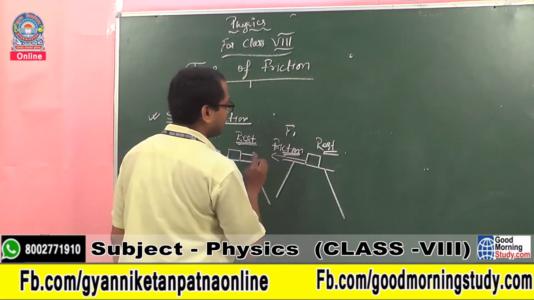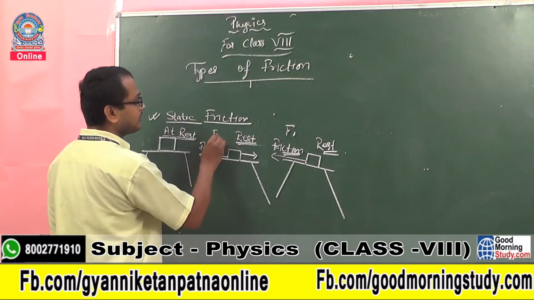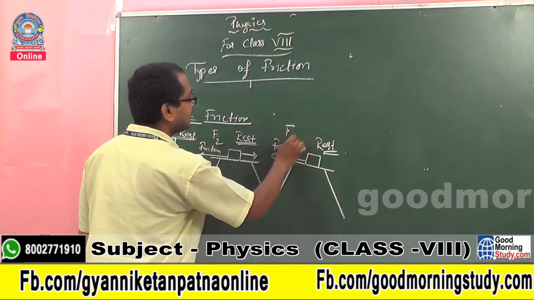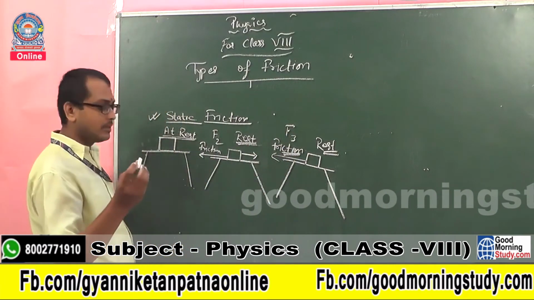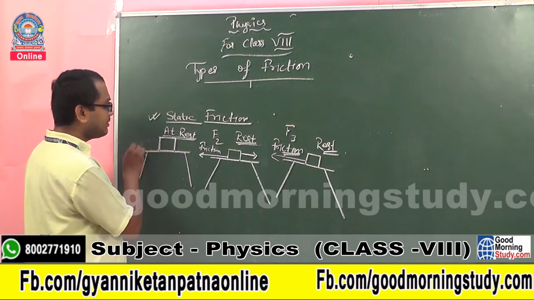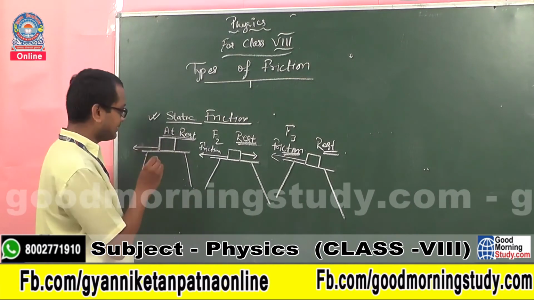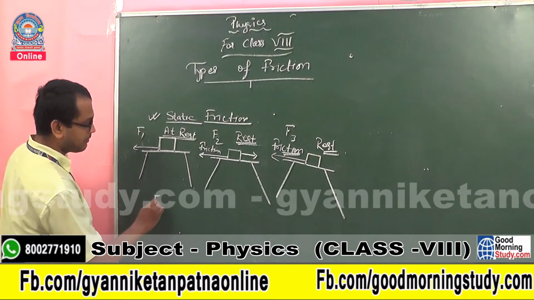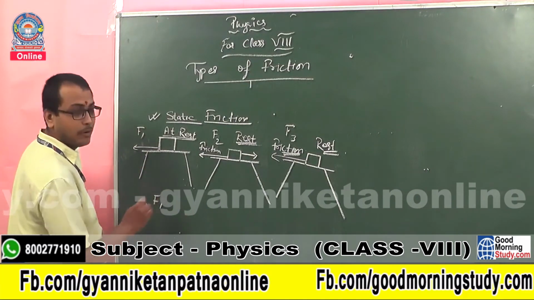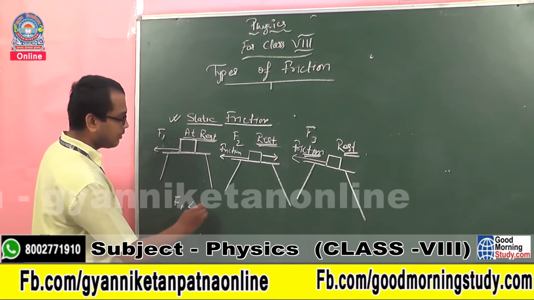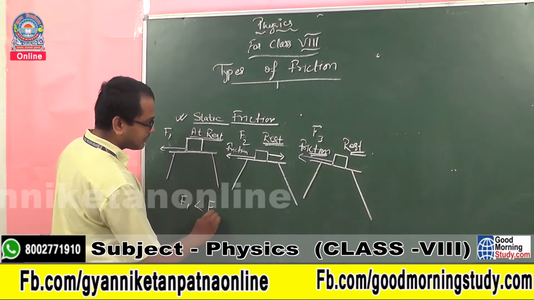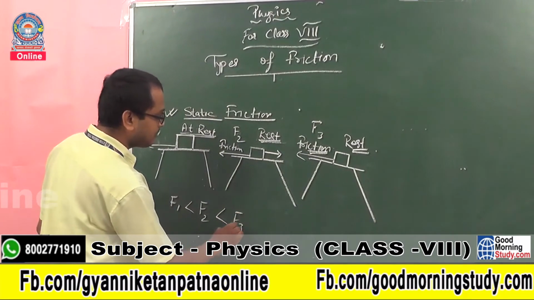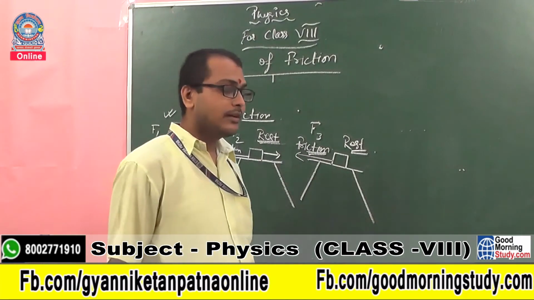Suppose this is friction force 1, friction force 2, and this is 3. Let us assume the direction of friction force is in this direction. In the first situation, the friction force is smaller. In the second situation, the friction force is larger. In the third situation, the friction force is larger still.